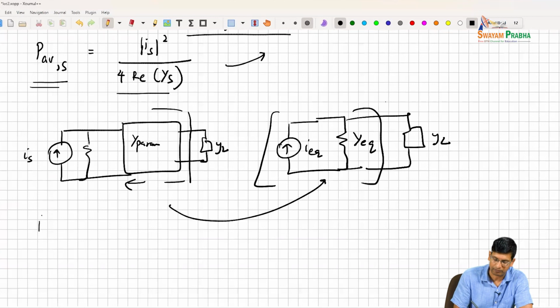And just from Y parameters, you can show very quickly that IEQ is just minus Y21 times Is divided by Y11 plus Ys.